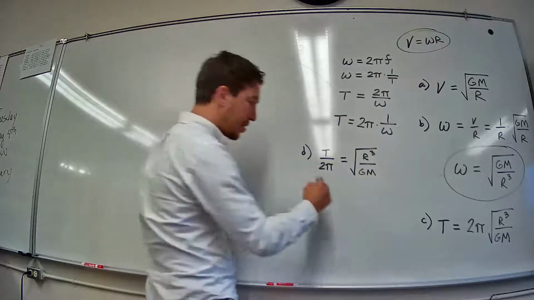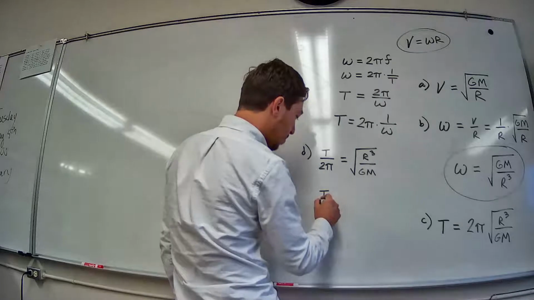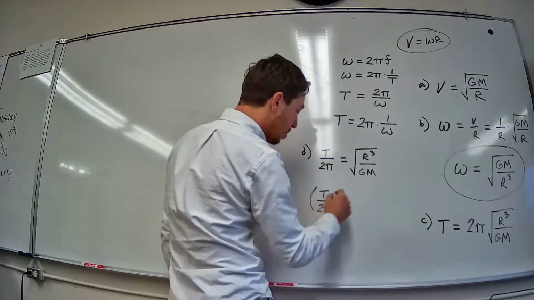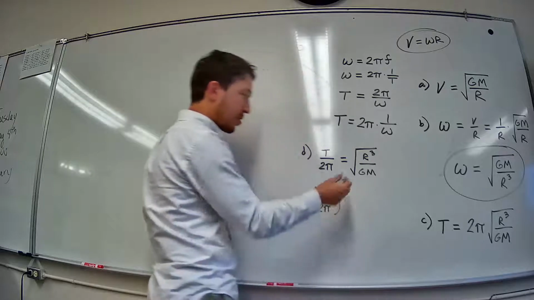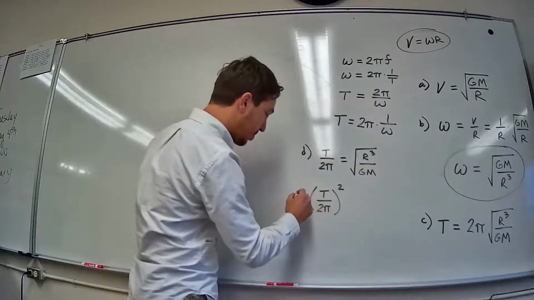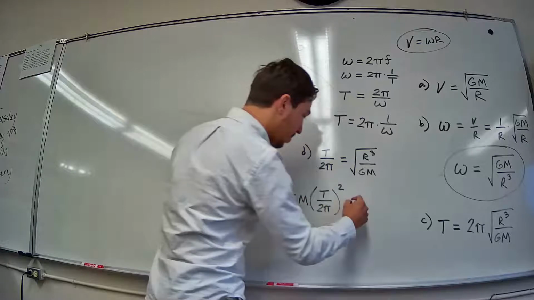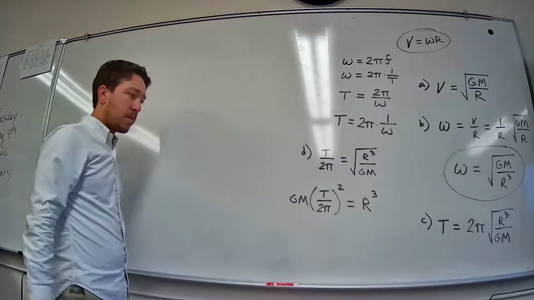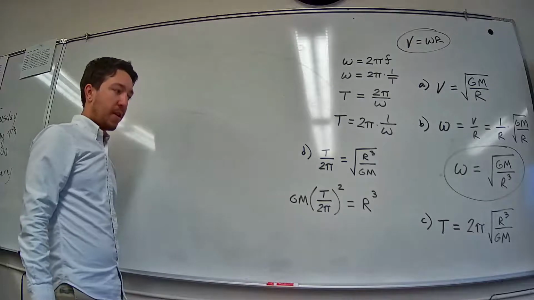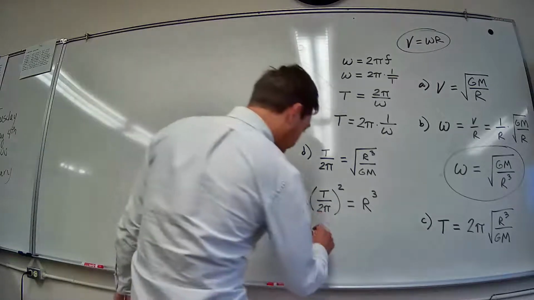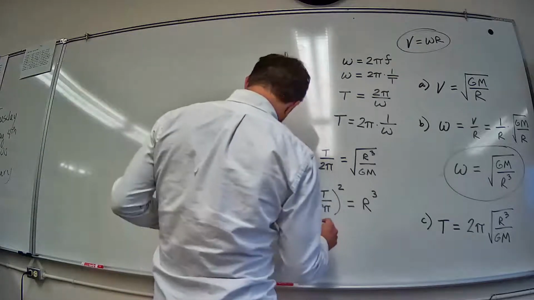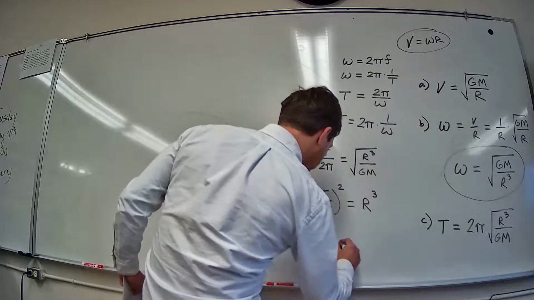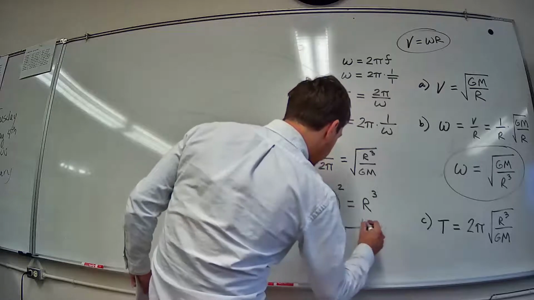And then square both sides. Then multiply by GM. And then you've got to cube root it. Talk about a strange formula, right?